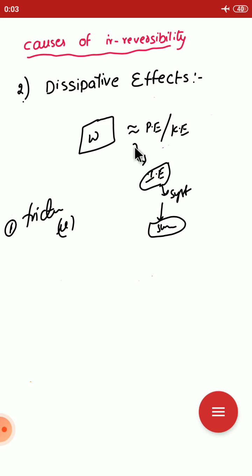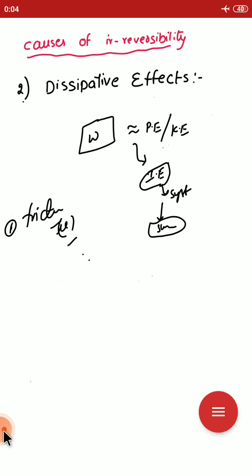Some part of the work is lost in the form of internal energy stored in the system or in the surroundings, due to friction, viscosity, inelasticity, and electrical resistance. We will see them one by one.